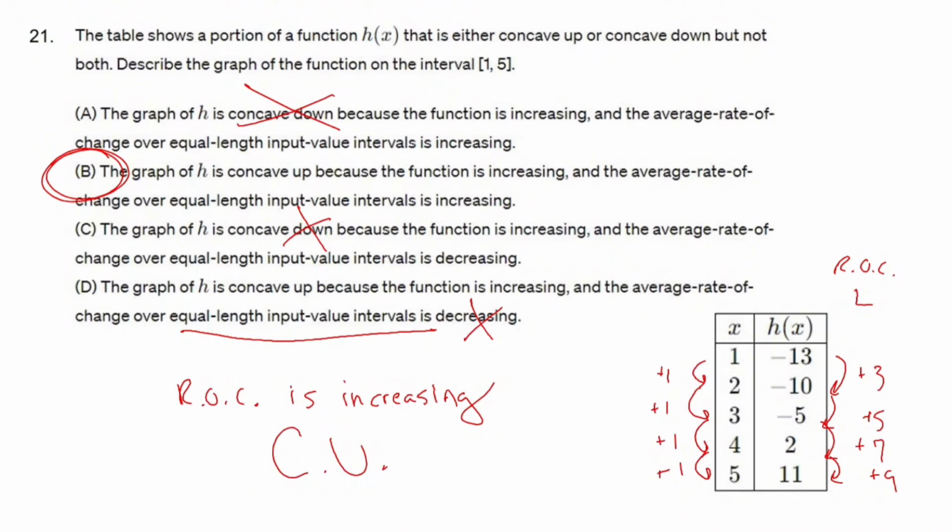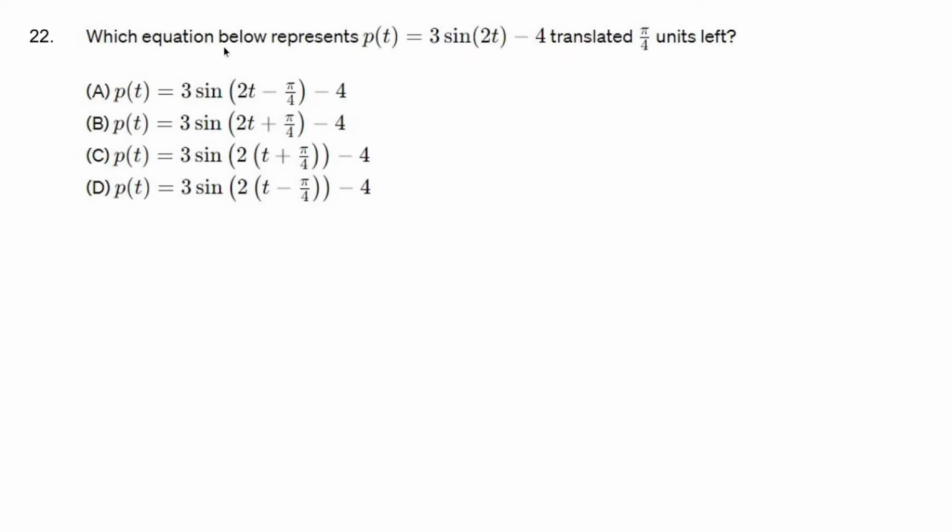Hope this helps. Which equation below represents P of t equals 3 sine 2t minus 4, translated pi over 4 units left? All right, well, I'm going to compare this to the regular old sinusoidal form. So we have sine, we have parentheses b, in this case it's t, so t minus c, close it, minus 4.